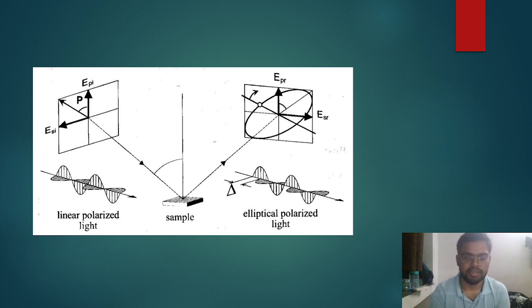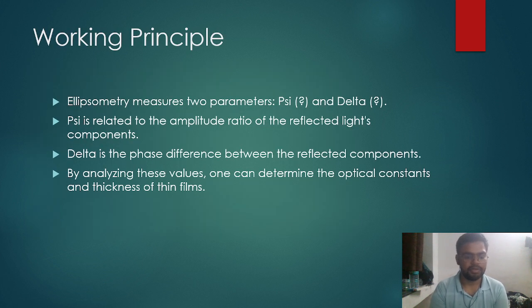That is the amplitude ratio, that is the psi, and delta is the phase difference of the elliptically polarized light. So by analyzing these values, we can determine the optical constants and the thickness of the film.